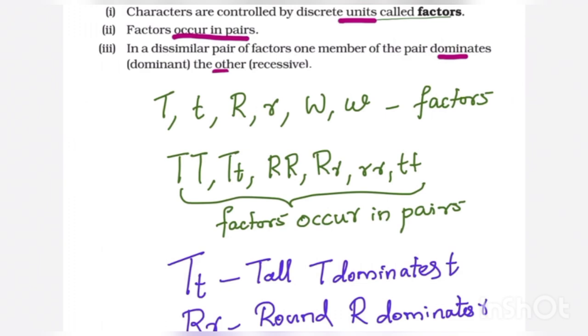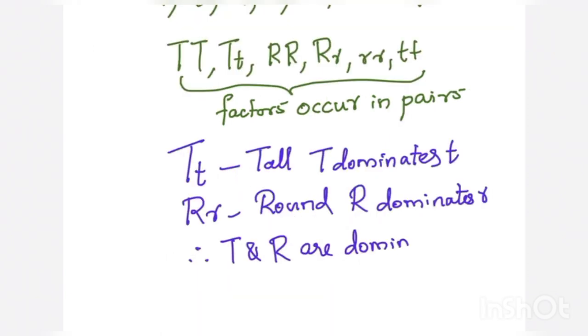Dissimilar pair means heterozygous condition, like capital T small t and capital R small r. When it is a dissimilar pair of factors, one dominates the other. For example, capital T dominates small t, and small t is recessive. Another example, capital R is dominant and small r is recessive.